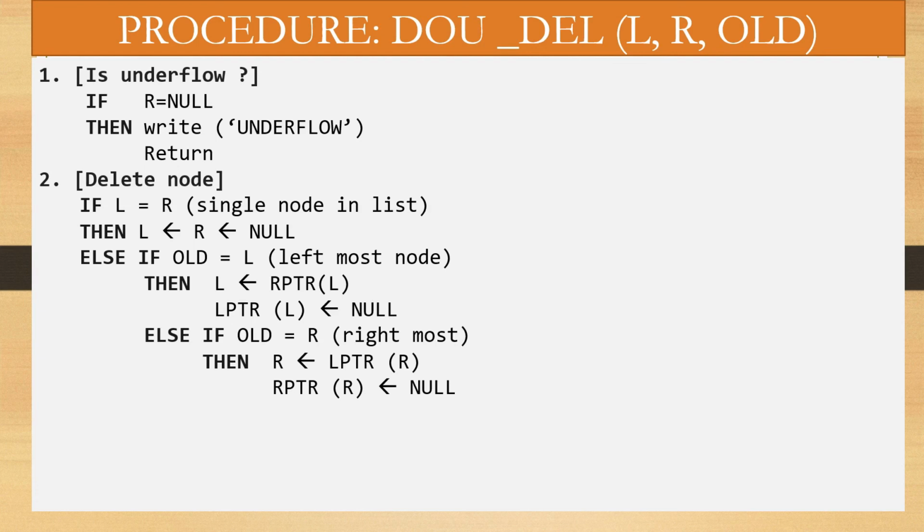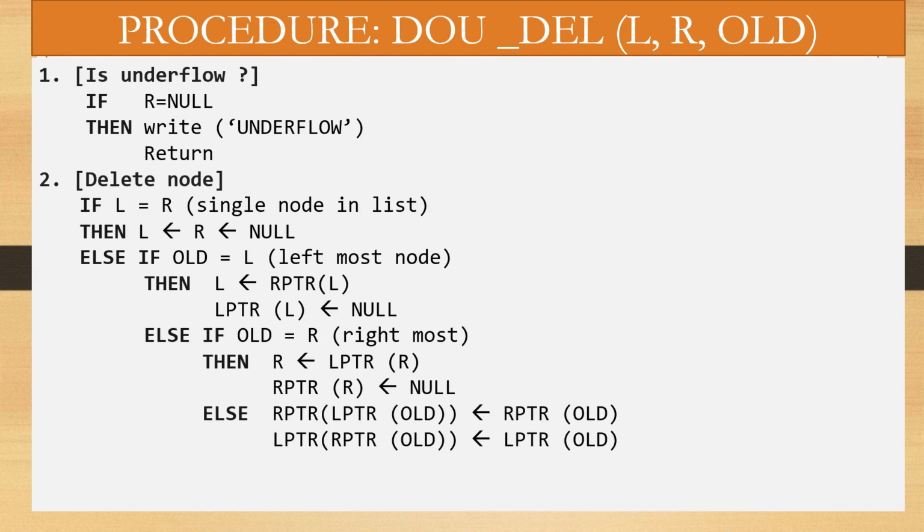So R pointer is null. Else RPTR of LPTR of old is right pointer of old and left pointer of right pointer of old is left pointer of old.